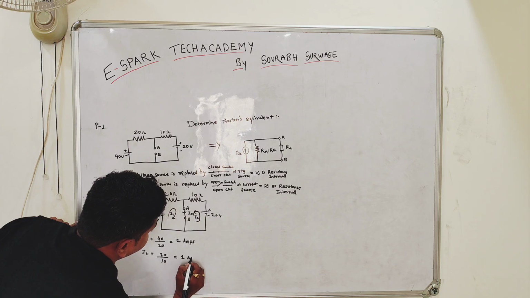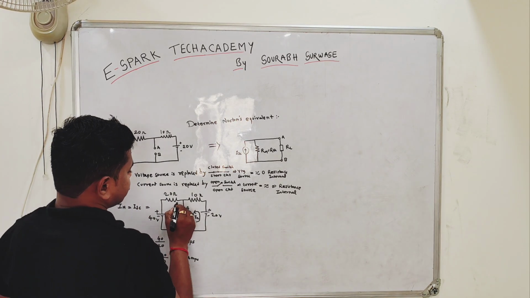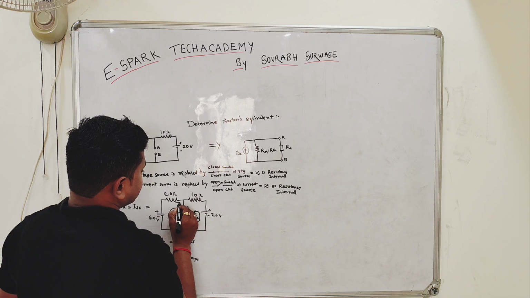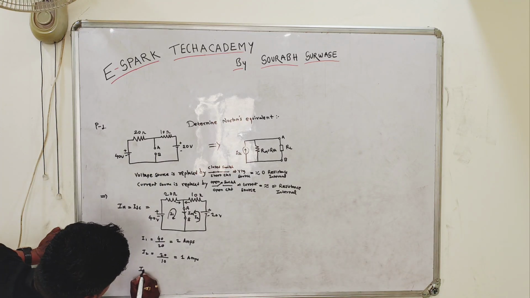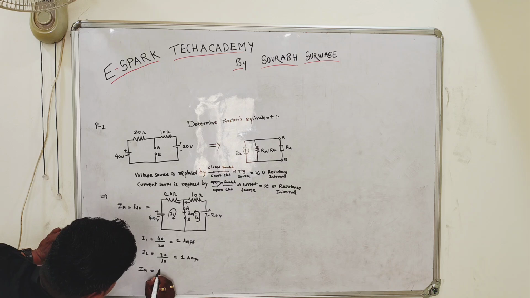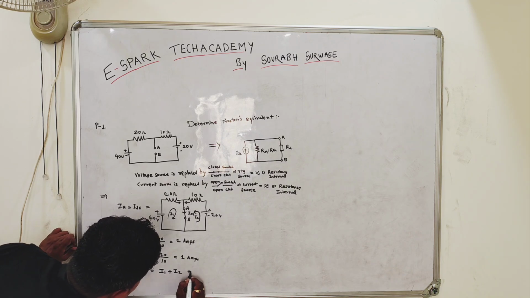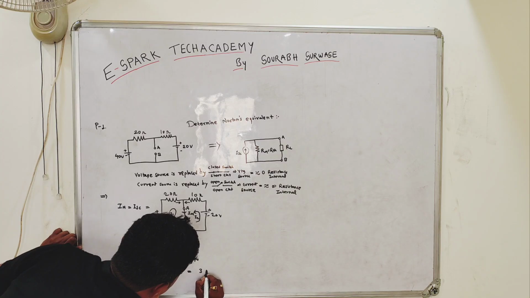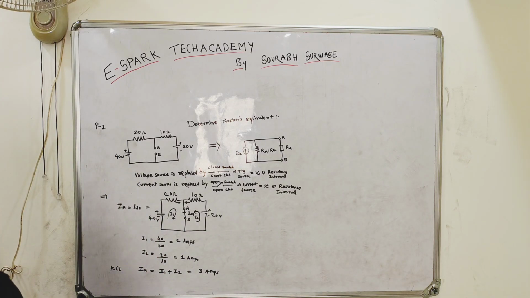It will be 1 amp. As these currents are flowing in this direction, IN will be, simply applying KCL, I1 plus I2 here. It will be nothing but 3 amperes.